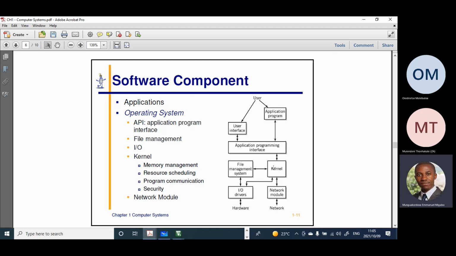The file management system and the kernel form the basic operating system part. But the operating system can have more than those two. The purpose of the operating system is to manage operations, meaning to manage resources on a computer. So the kernel is very important in that respect.